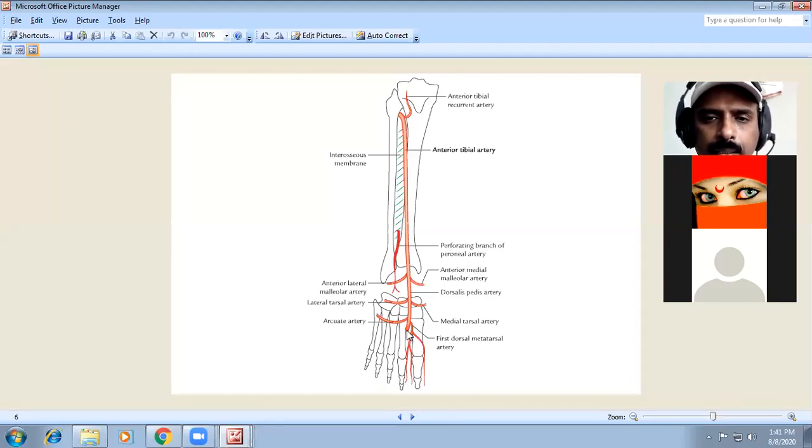It gives branches: medial tarsal, lateral tarsal, then the arcuate artery. The arcuate artery gives the metatarsal arteries, and then we have the digital arteries. You have to remember this in the total dorsalis pedis artery.